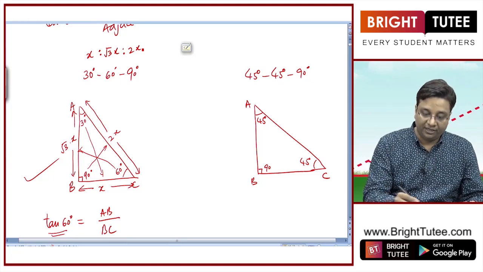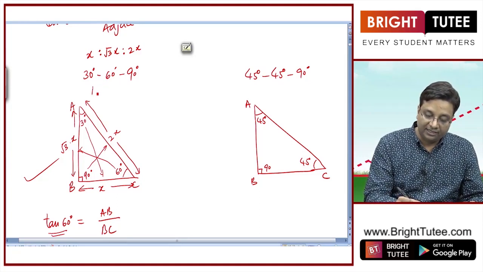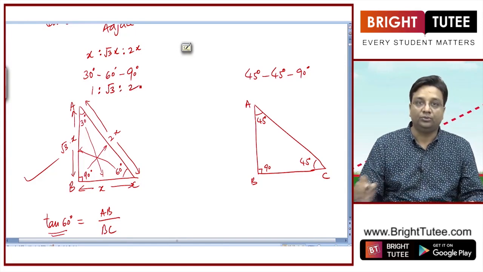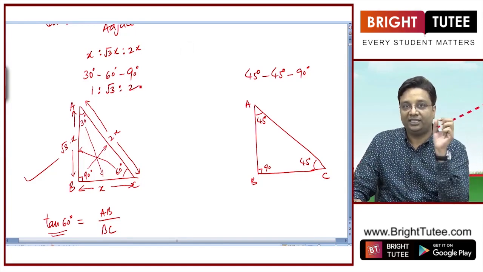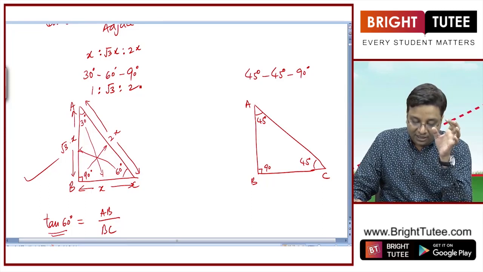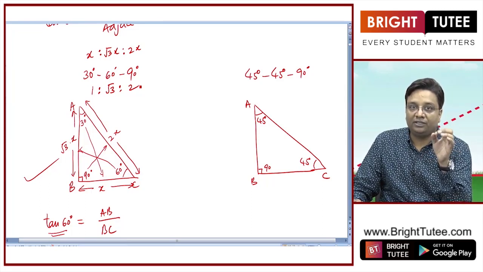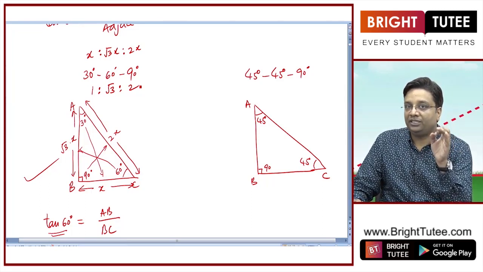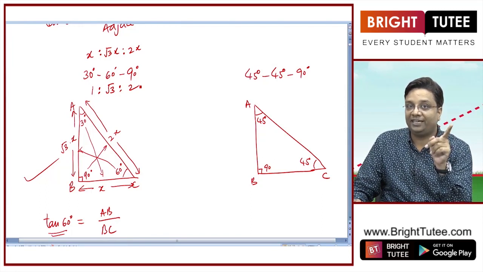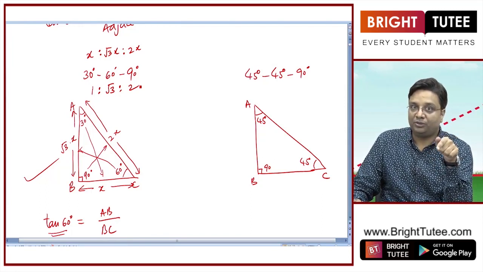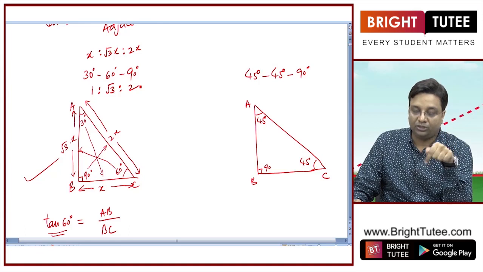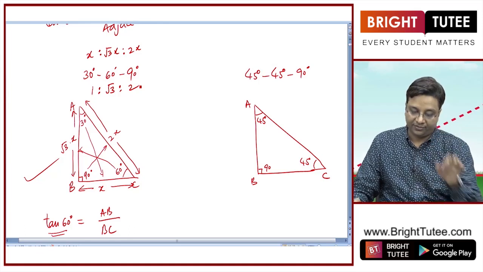If I ignore this x, I can say that the ratio is 1 is to root 3 is to 2, right. So, in a 30, 60, 90 triangle, the ratio of sides is always going to be 1 is to root 3 is to 2, and you need to take care that 1 is opposite to 30 degrees, root 3 is opposite 60 degrees and 2 is opposite 90 degrees, right.